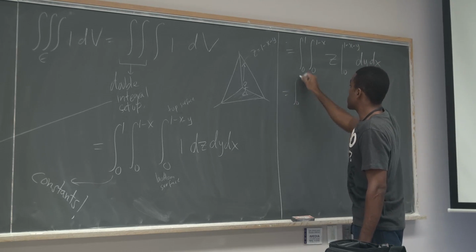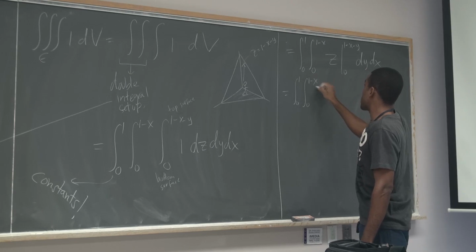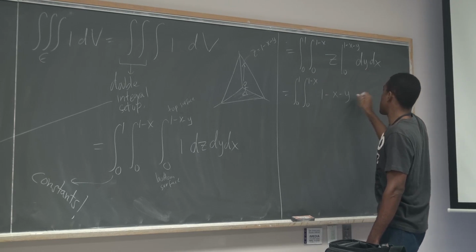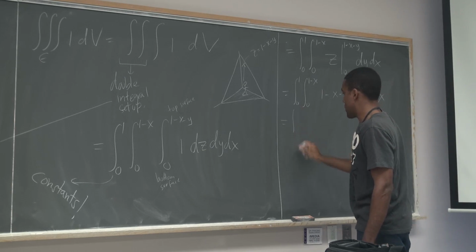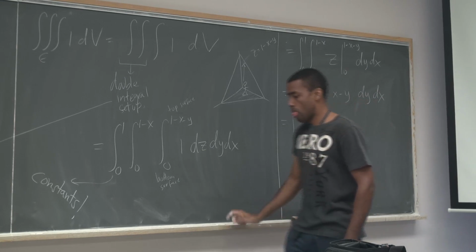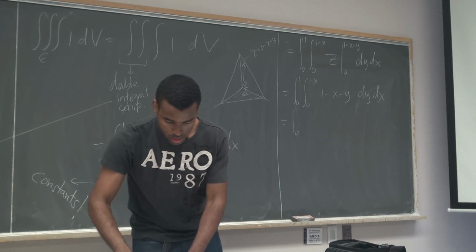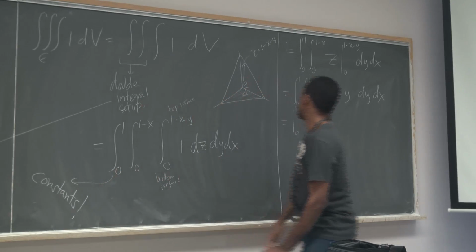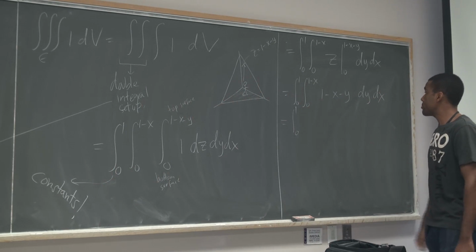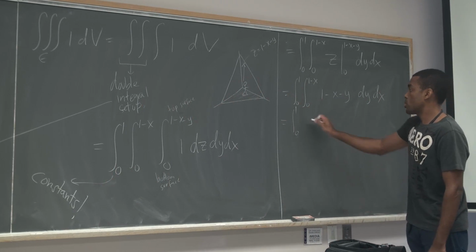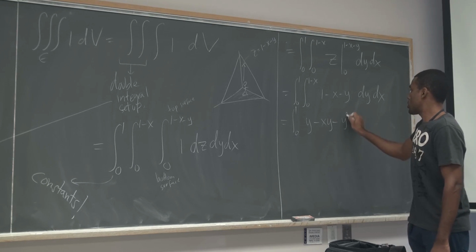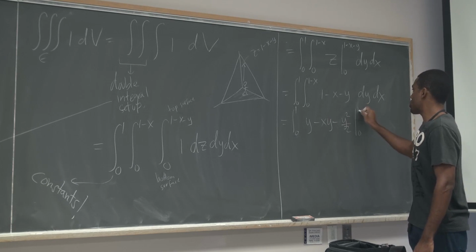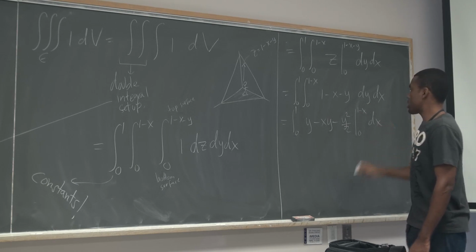So that's just from 0 to 1, 0 to 1 minus x, of 1 minus x minus y dy. The integral of this is y minus xy minus y squared over 2, between 0 and 1 minus x.